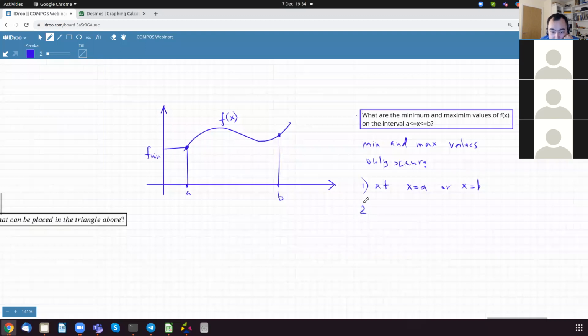Or at points where the derivative is zero.